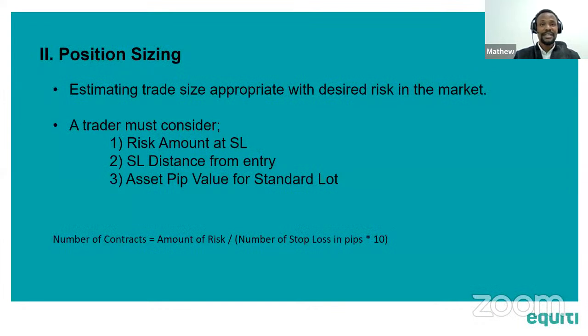So position sizing has to be part of the scaling in because you're trying to enter your trades in bits. But again, you don't want to enter so many positions such that it exceeds the capacity of your risk which you had set in the market.